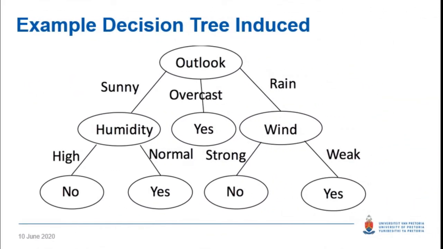This is the example that we've looked at, the 14 data instances. So ID3 was applied to those 14 data instances, and this is the decision tree that it's produced. What's very interesting is that you can see it didn't need to use the attribute temperature. That didn't contribute to the decision made as to whether netball should be played or not.